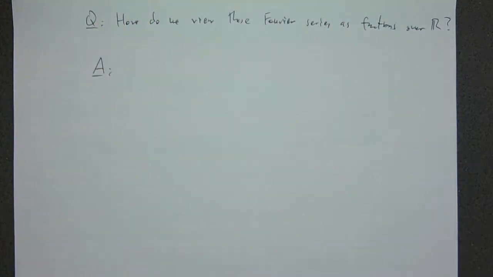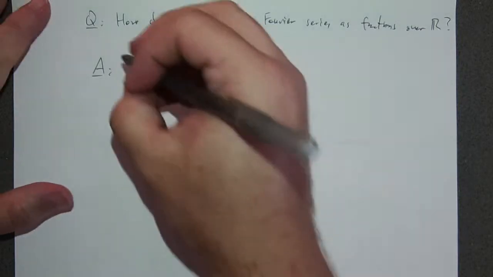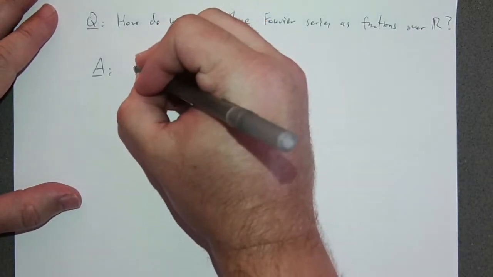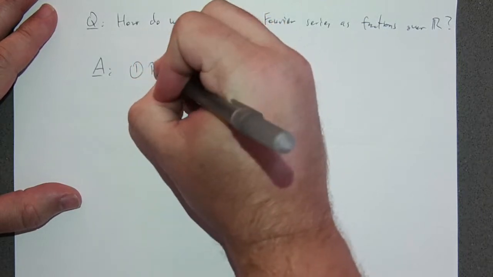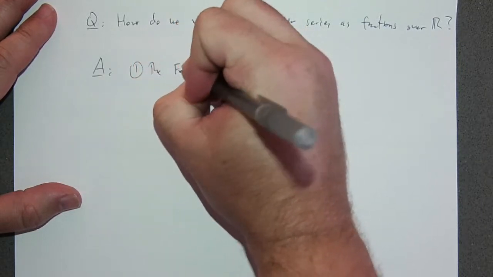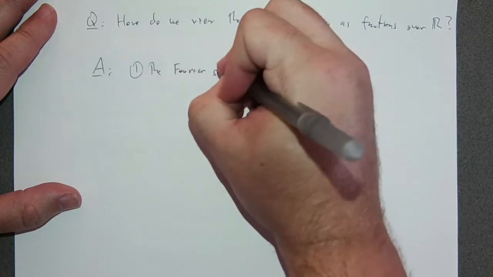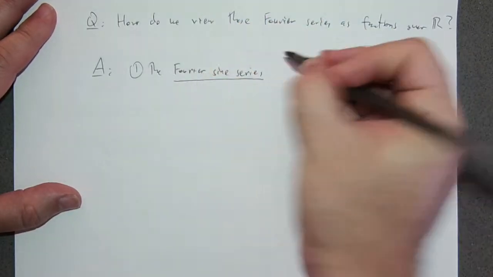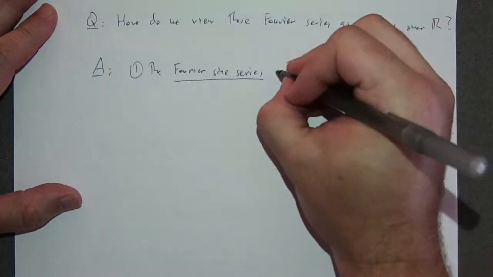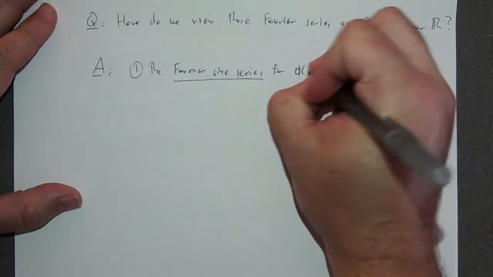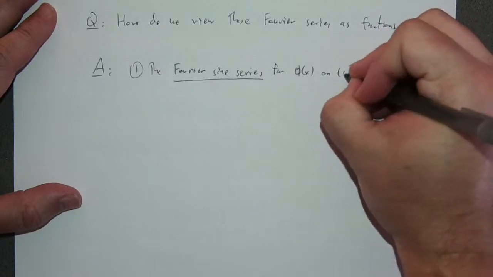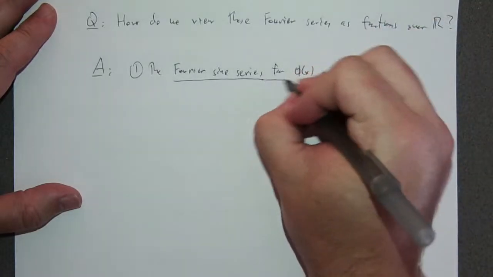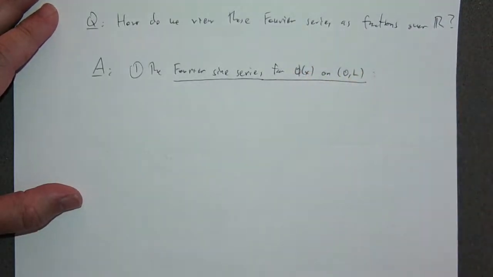So there's the Fourier sine series. So firstly, the Fourier sine series for phi of x on 0 to L. How does it behave?